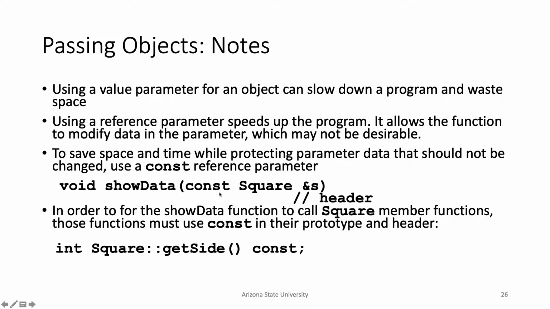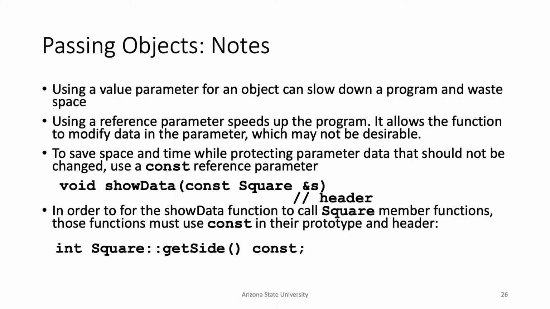Should I be able to call get side? Yeah, so if the get side function doesn't do anything to the square object, so nothing changes, should I be able to call it? Yeah, it makes sense. Since I'm not allowed to modify it, but I still want to do something with the square object, I should be able to call a function that is guaranteed to not modify anything.